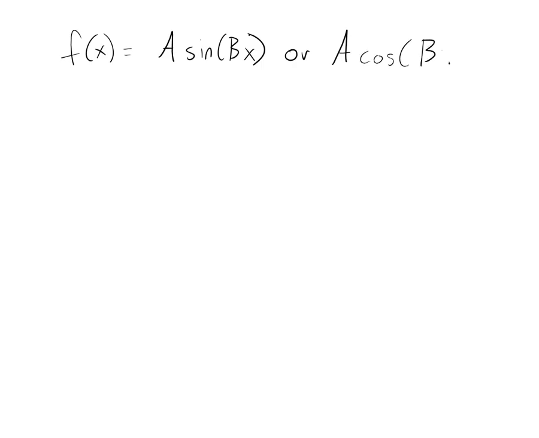Now, both those things together can give us our rule. If f of x equals a sine of bx or a cosine of bx, we know the amplitude is equal to a.